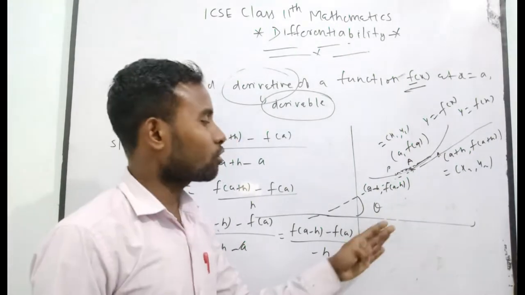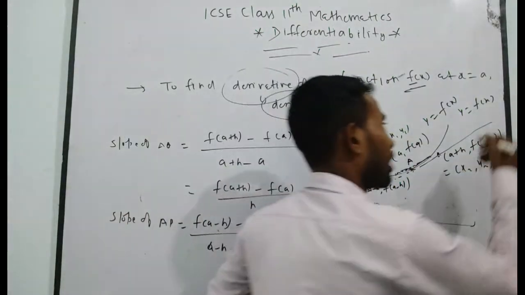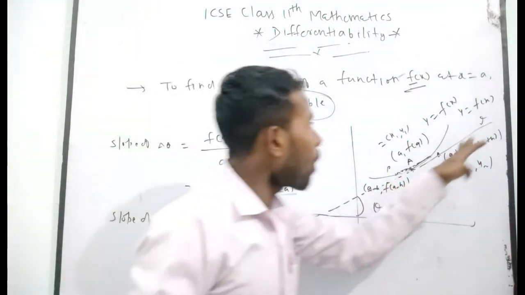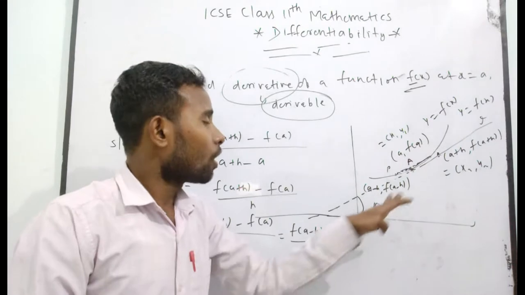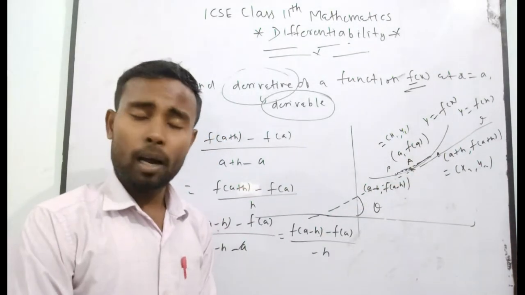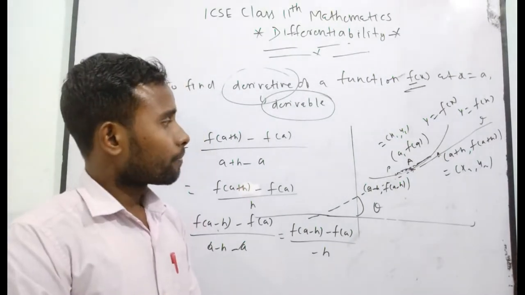As you know, suppose this line is L. Then the slope of line L will be tan theta, because the angle it makes with respect to the positive x-axis is theta.